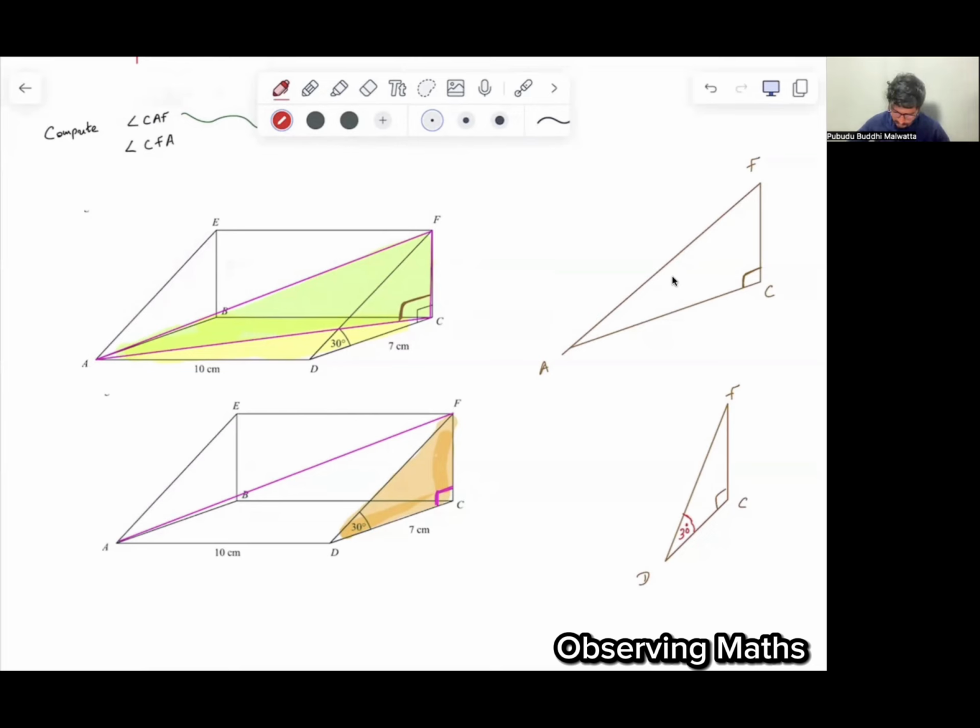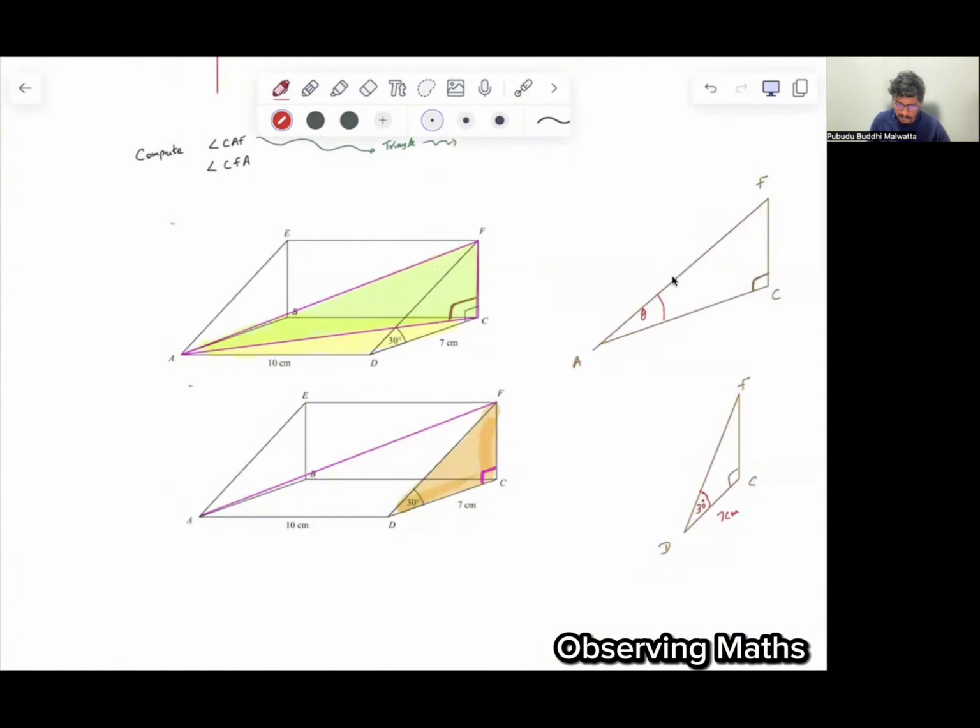Right? So 7 centimeters. Now we need CAF, let's say theta, this one. And the CA length, we don't know that. So what's the plan to compute theta? You need two lengths. I'm trying to use trigonometry.